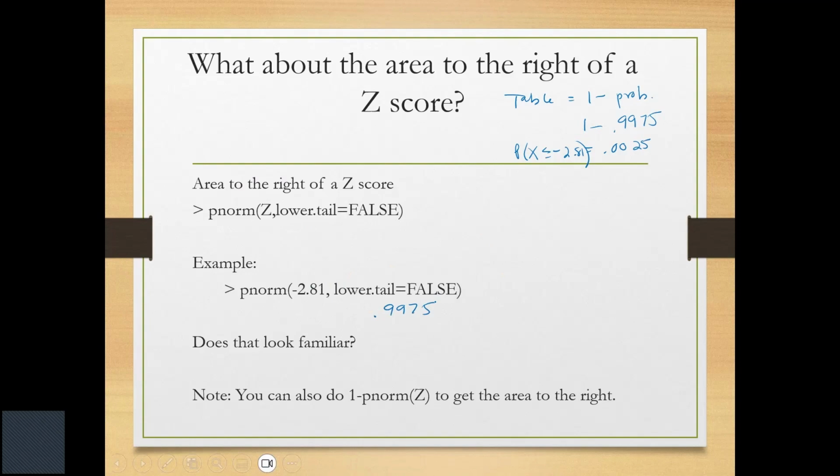Okay, and if you do that to get the area to the right of 2.81, you'll get 0.0025. You can also, if you prefer, do 1 minus p-norm of the z value, and that's basically doing in R what we just did by hand. Like here we did 1 minus that. You can also do it in R that way. So you have a couple options on how you want to do that.